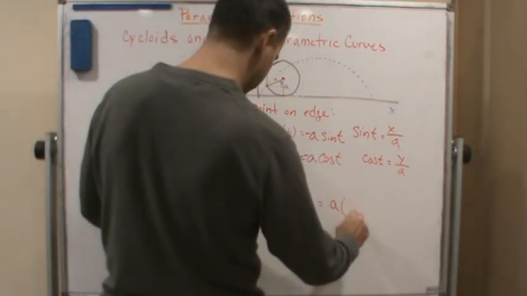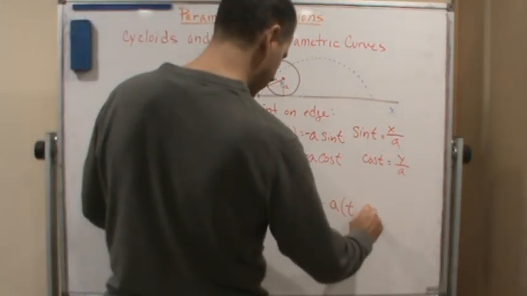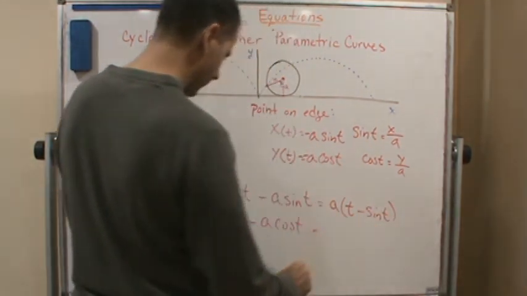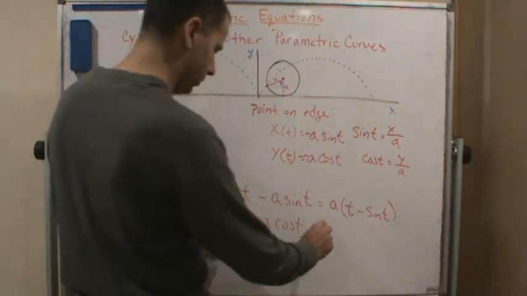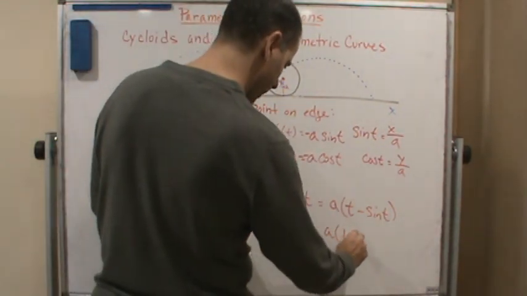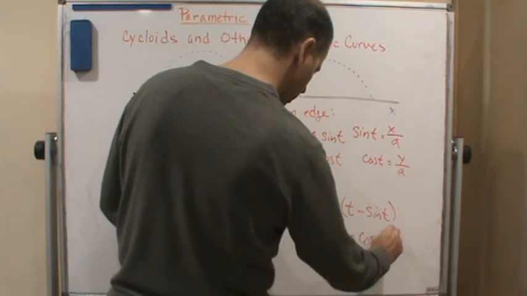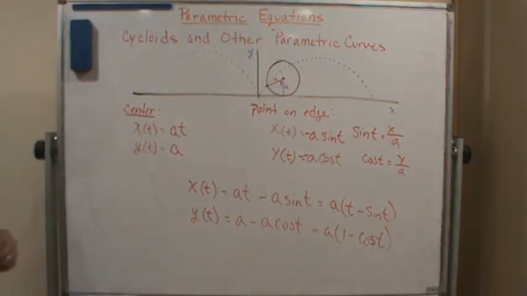So x of t equals a times (t minus sine t), and y of t equals a times (1 minus cosine t). And those are the parametric equations that describe the path of what we call the cycloid.